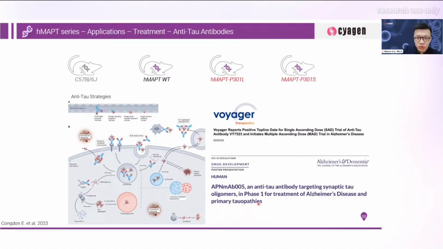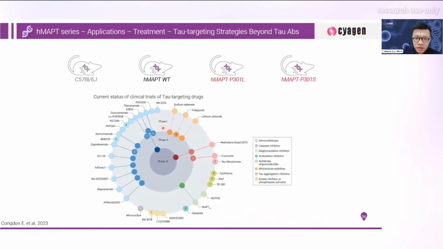And here are two news items from the industrial side, that Voyager and another company developed a drug specifically for tau immunotherapy. Actually, those clearly are not the only therapies for intercepting tau.